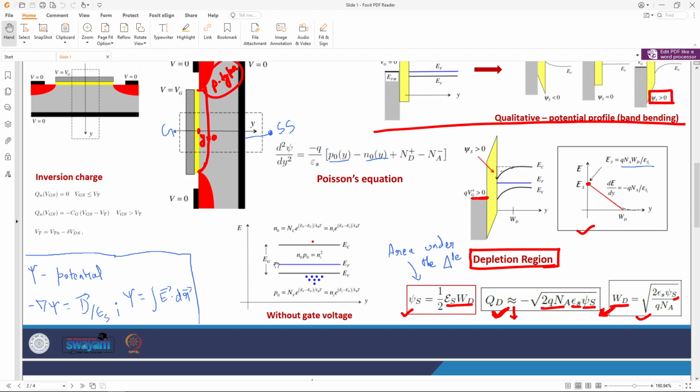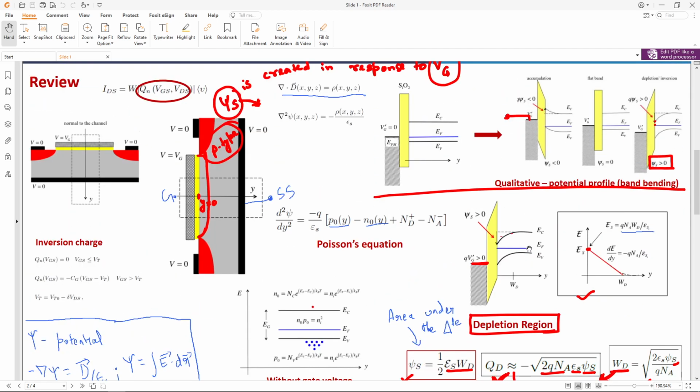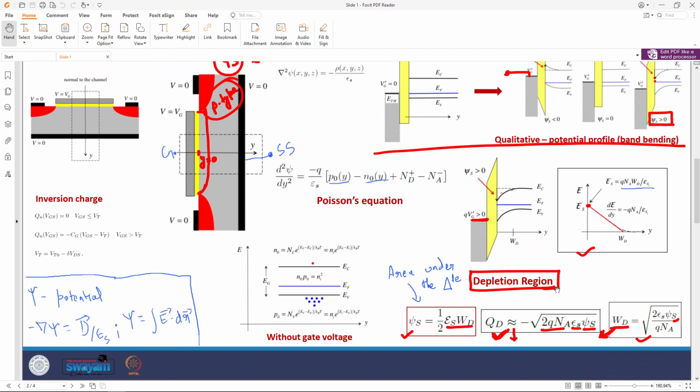So, these relations are what we are using to understand the behavior of the channel in a MOSFET, the three terminal device.